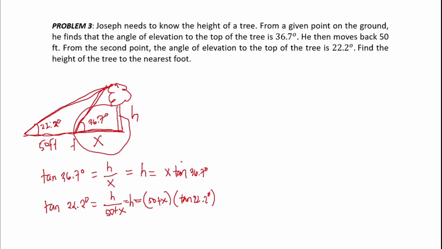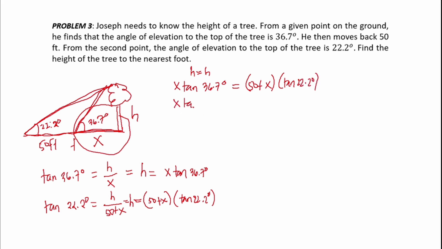Now we have h, so we equate them in order to find the value for x. h is equal to h, so x tangent of 36.7 degrees is equal to 50 plus x times tangent 22.2 degrees.